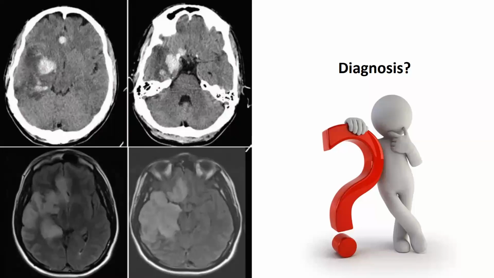So you can say that the CT is showing a hypodensity involving the right temporal lobe with a hemorrhagic transformation, and the MRI is also showing a hyperintensity and a swollen cortex and subcortex involving the right temporal lobe and a part of the frontal lobe.